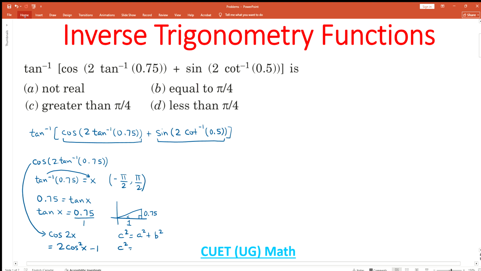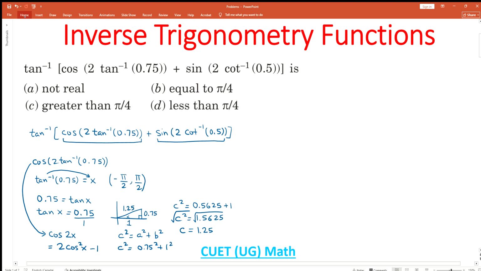C is the length of the hypotenuse. We can apply square root to both sides. I get 1.25. This is the length of the hypotenuse in the right angle triangle.